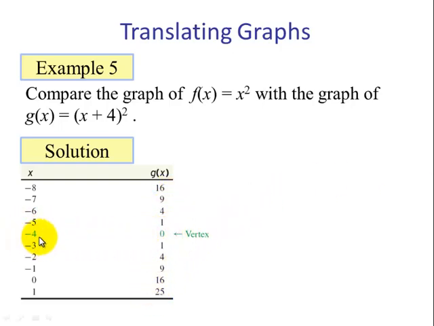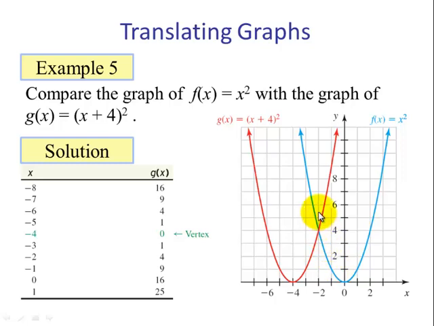Again, when x is a negative 4, we get y to be 0 because negative 4 plus 4 is 0 and 0 squared is 0. Graphically, f of x is the blue graph, and this new graph, g of x, is the red one, and again, the vertex has been moved 4 units to the left, and this corresponds to the value of h.